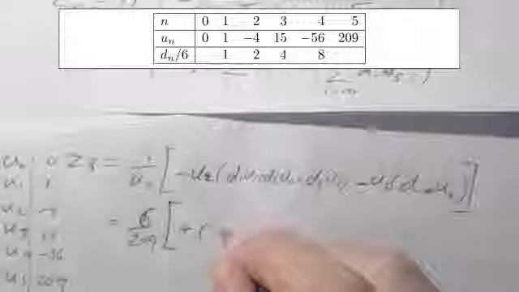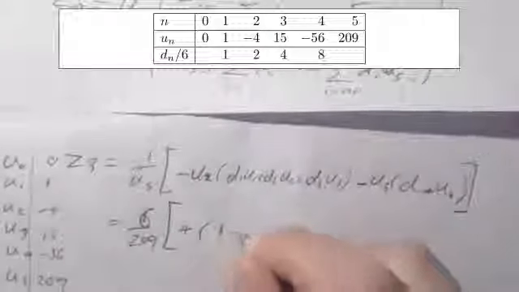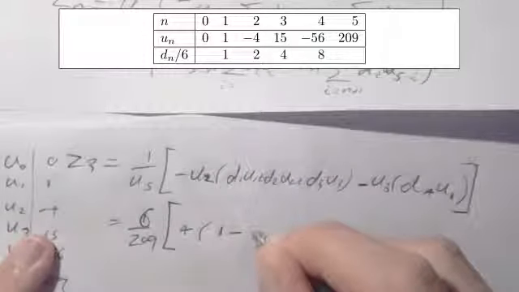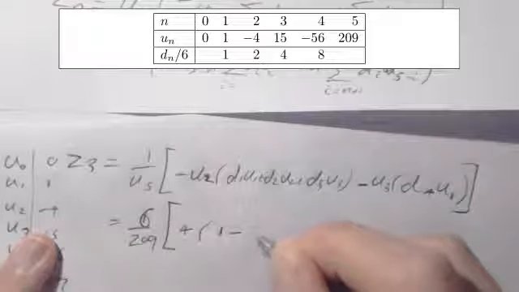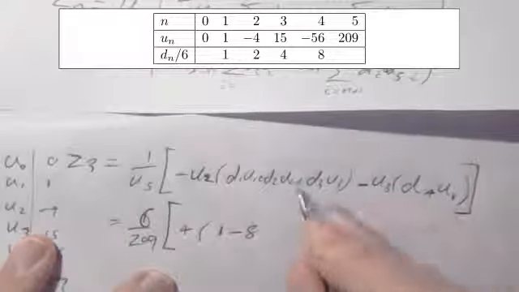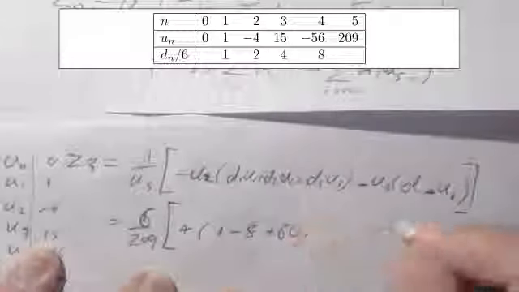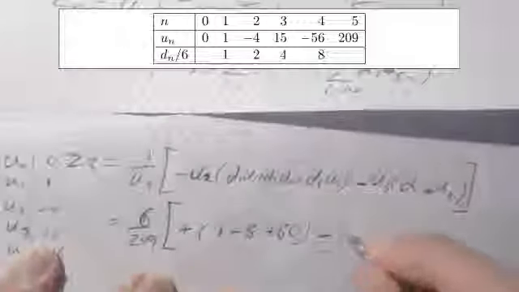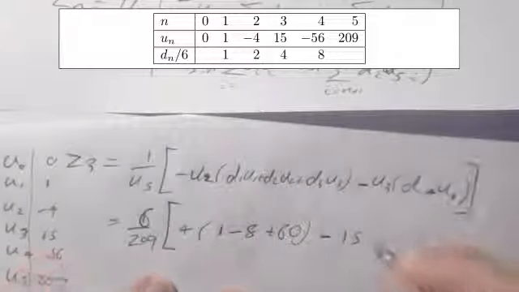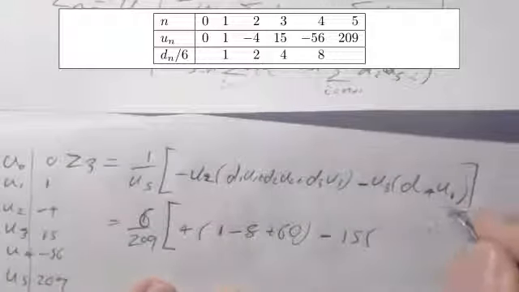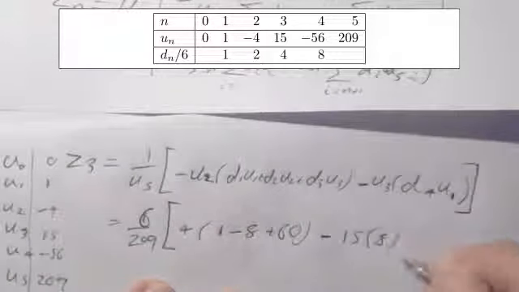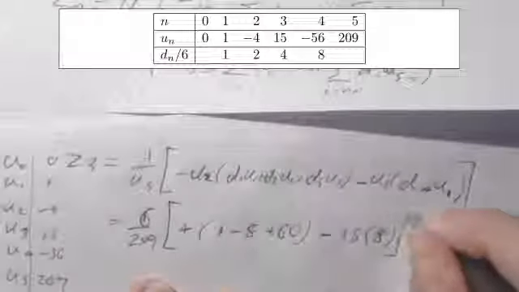I'm going to have U1 minus 2 times U2, so just plus 2 times U2, which is minus 8, plus 4 times U3, plus 60, minus U3, so 15 times D4, which is going to be 8 times U1, times 15 minus 8.